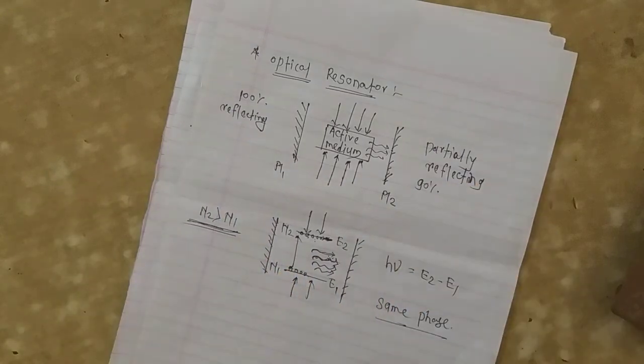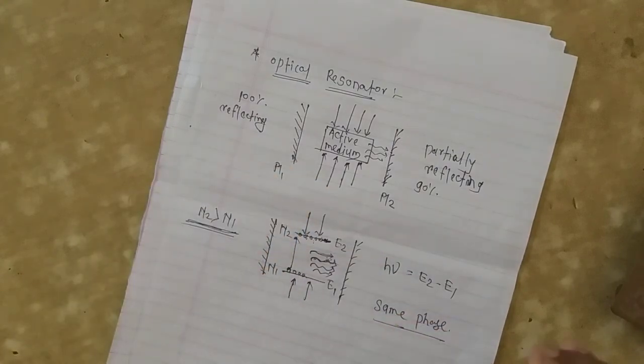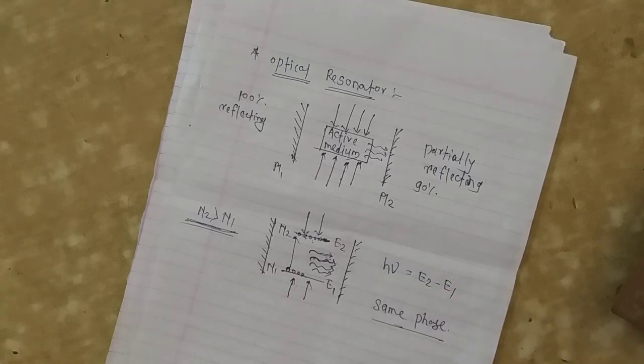That means a number of photons come back to the ground state, releasing energy, and that is the number of emitted photons.